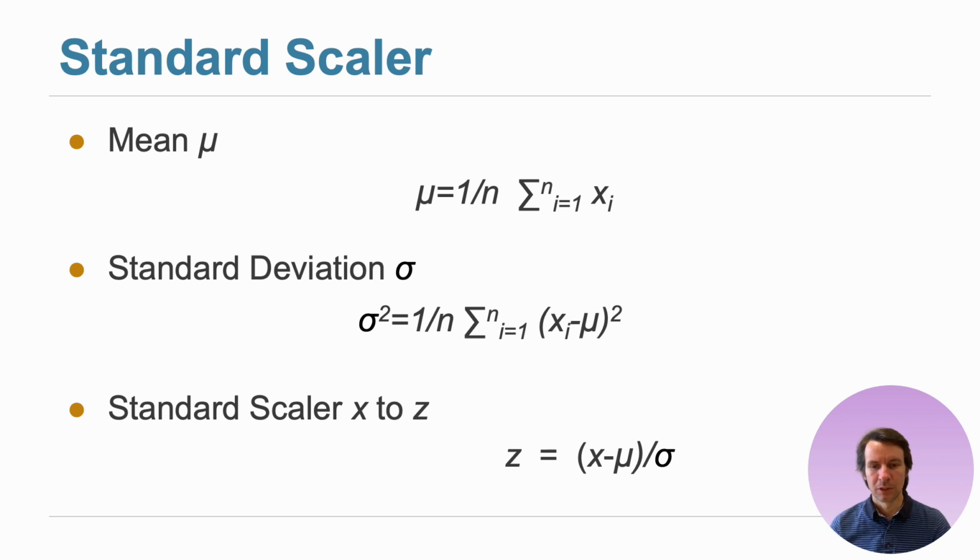The units of standard deviation are the same as the units of the mean and of x. If we have x miles minus mu miles divided by sigma miles, the miles will cancel, and eventually we'll have a number that doesn't really have units, just how many standard deviations you are away.